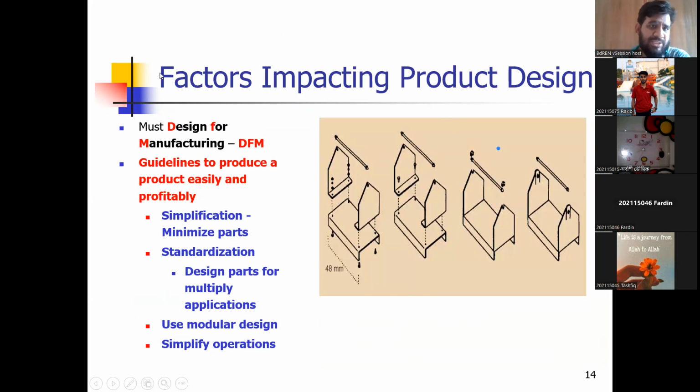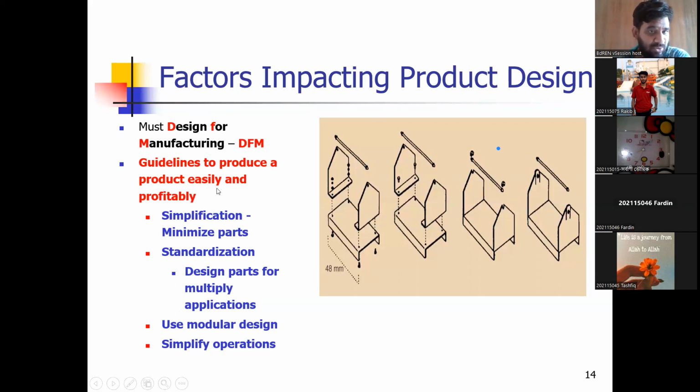That means whether the design is simple or very difficult, whether the product has manufacturability overall. Manufacturability means the ease with which a product can be manufactured. So design for manufacturing guidelines help to produce a product easily and profitably.